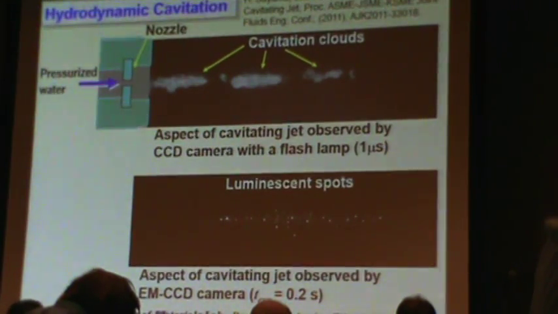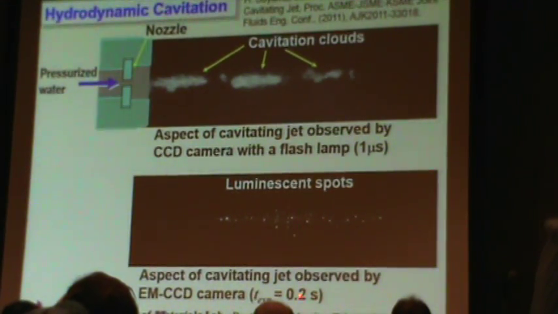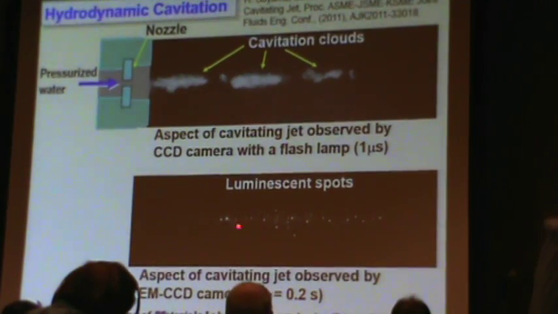However, if we use an EMCCD camera, we can get luminescent spots like this. Actually, this cavitation cloud is shedding at about 100 Hz or several kilohertz. It's a kind of shedding, and you can see a spot. If we expose for 200 milliseconds, we can get several spots here.